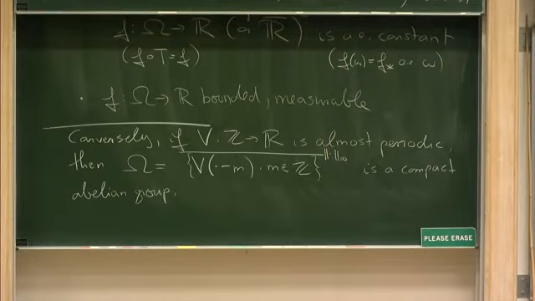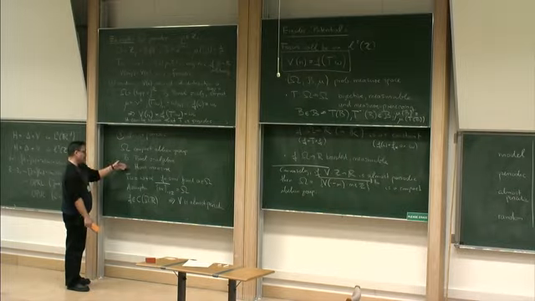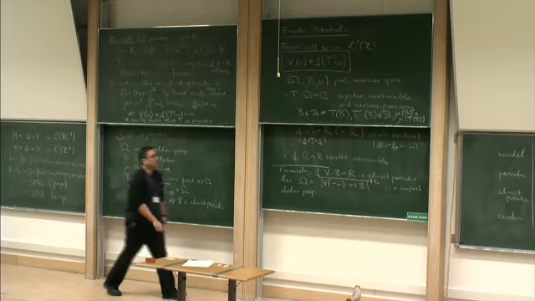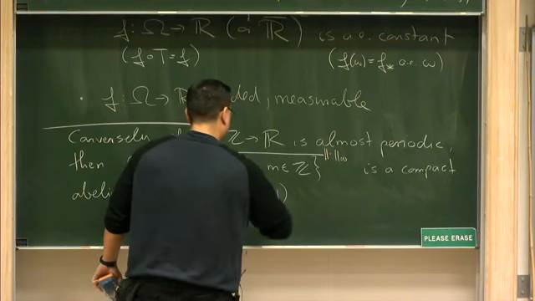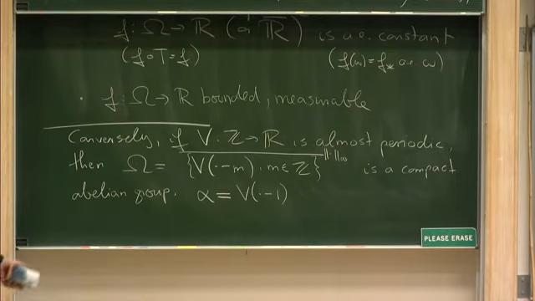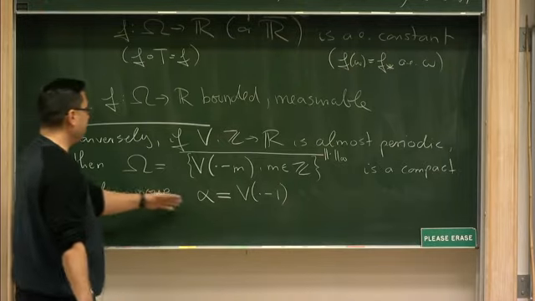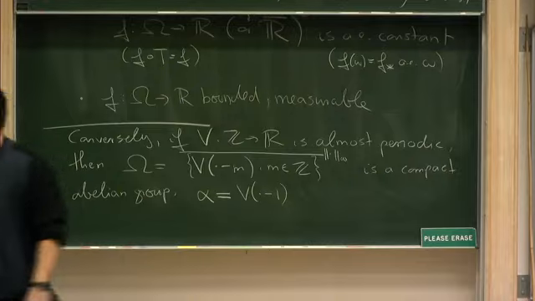Okay, and so then it has a Haar measure, and so the alpha here is actually V translated by 1, if you want. So this element of omega will act as alpha.